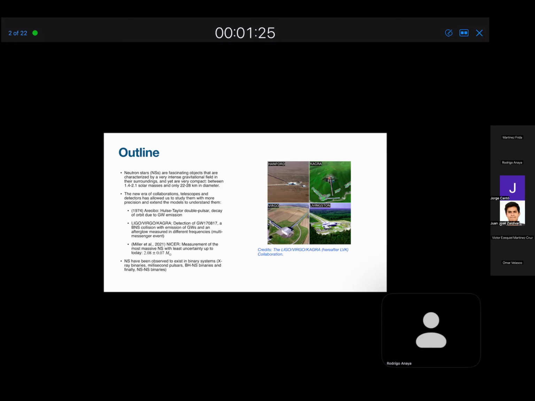We now have a very good stage for knowing more about neutron stars. And we also know that they are mostly located in binary systems, as we have seen, for example, for binary millisecond pulsars.